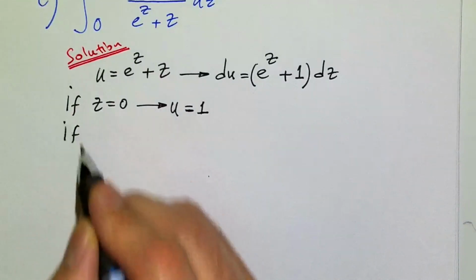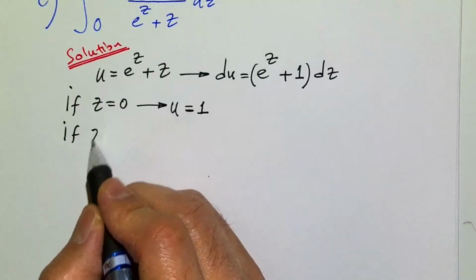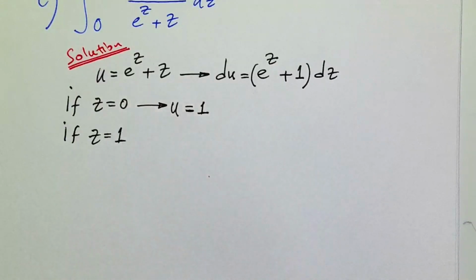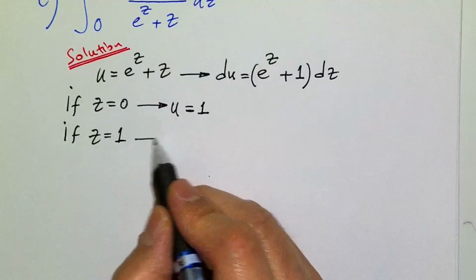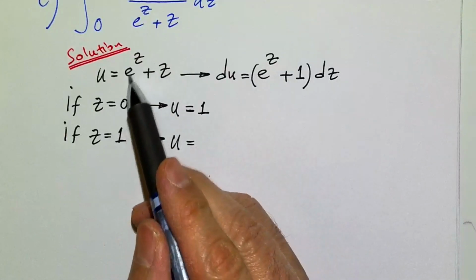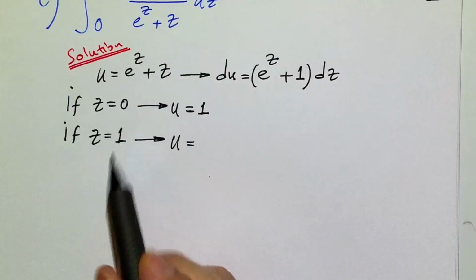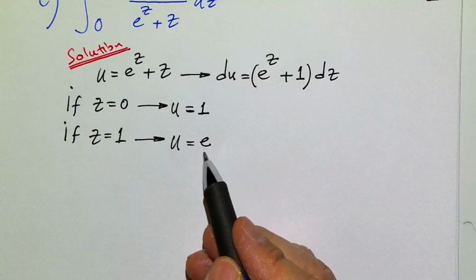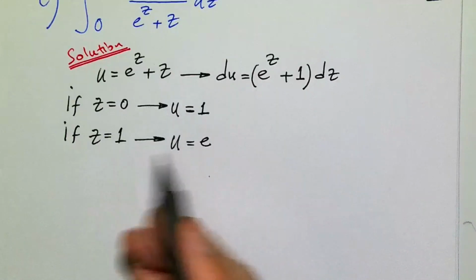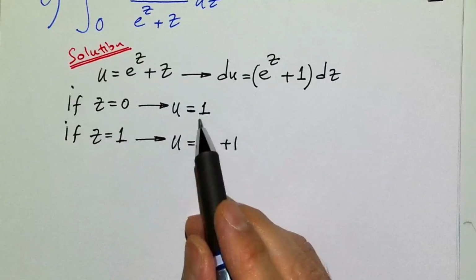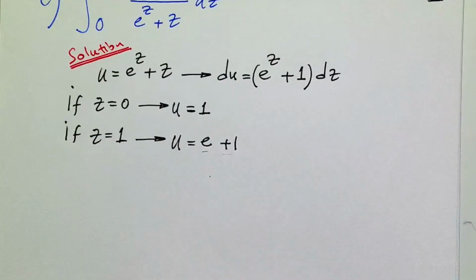Then if z equals 1, what are we going to get? Then u equals e to the z, which is e to the 1, just e, plus z, which is 1. So that's our upper limit. Lower limit is 1, upper limit is e plus 1.